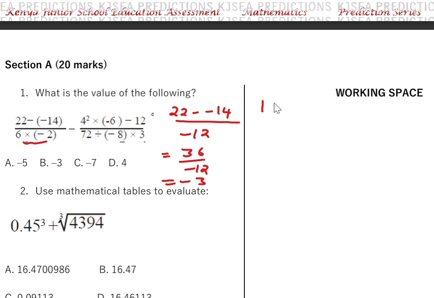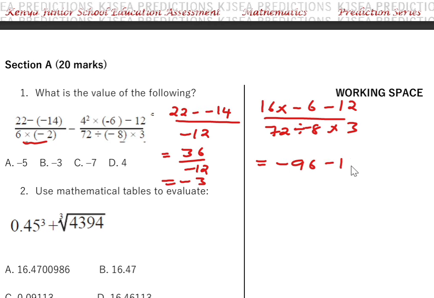So it is 16 multiplied by negative 6 minus 12 all over 72 divided by negative 8, times 3. So 16 times negative 6 is negative 96, minus 12.